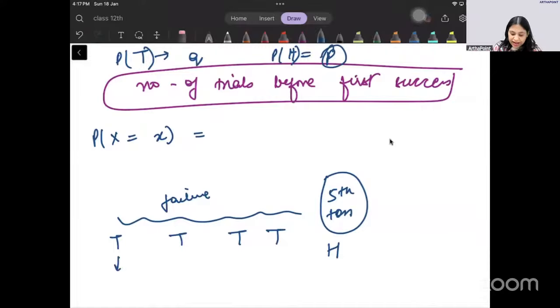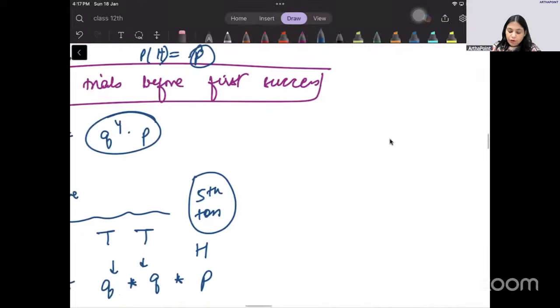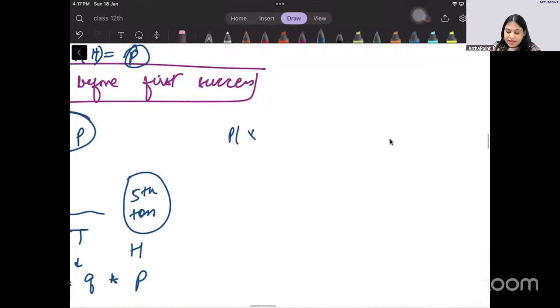So the first one has probability q, second also q, third also q, fourth also q, and the last one p. So you will get q to the power 4 into p. This is the general formula. The formula of probability x equal to x is simply p into q to the power x minus 1.